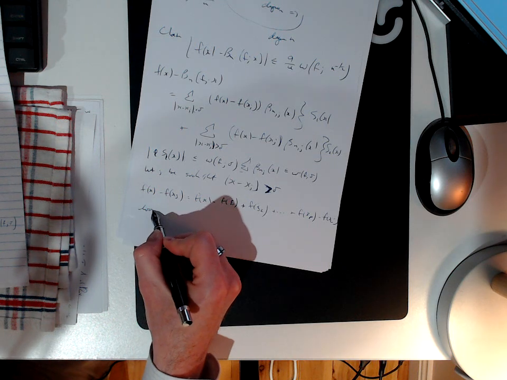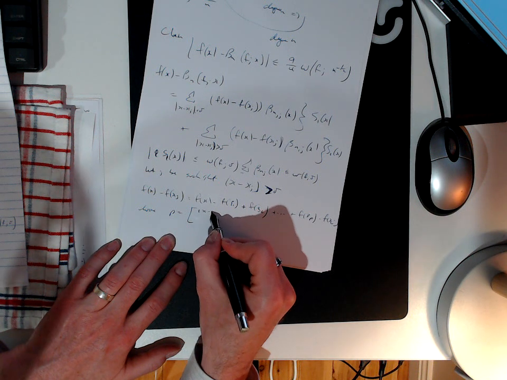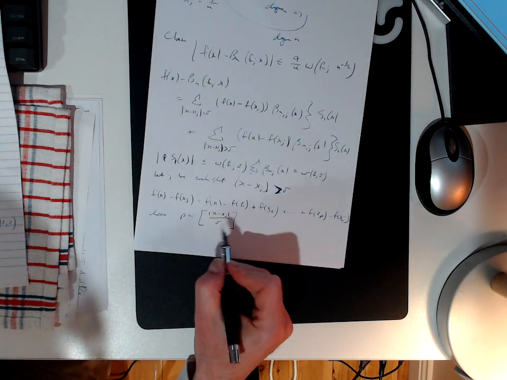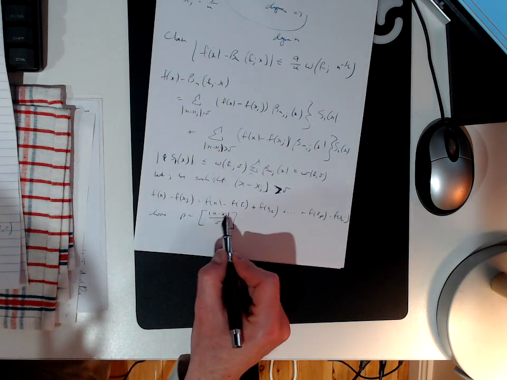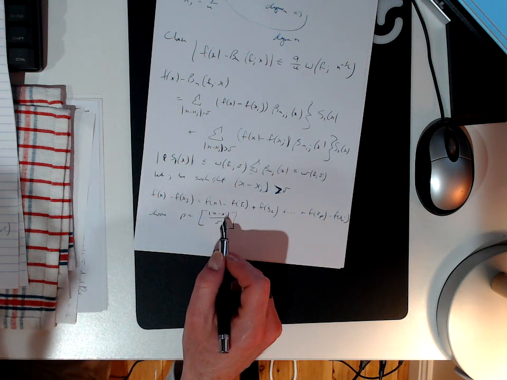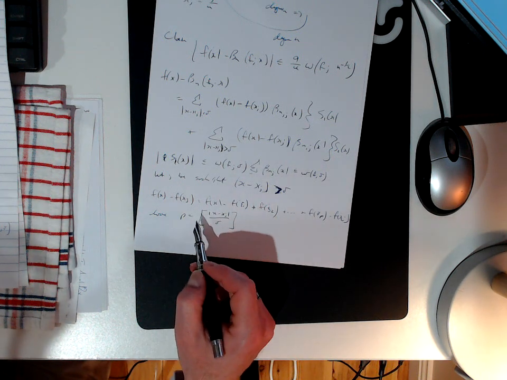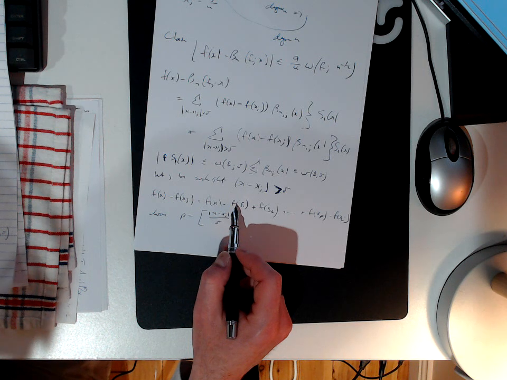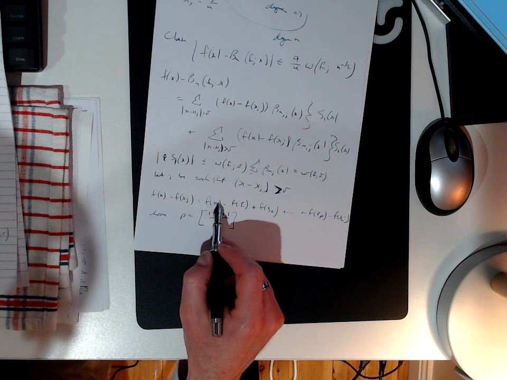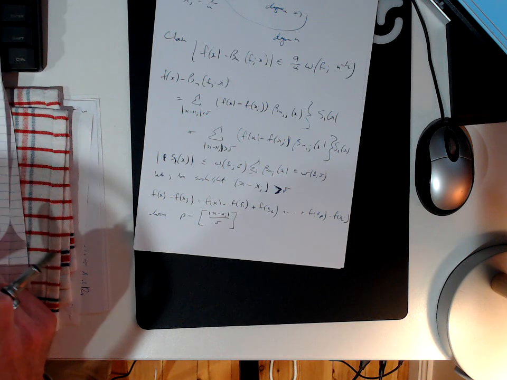I'm going to choose my p equal to the largest integer smaller than the value inside this bracket. And the value inside this bracket, of course, is bigger than 1 by assumption. So p is going to be bigger than 1, which is great. By making this particular choice for p, I can ensure that each of these differences is less than my delta.